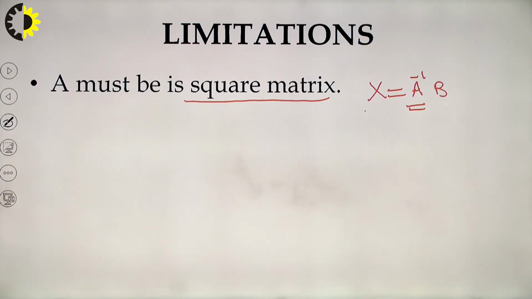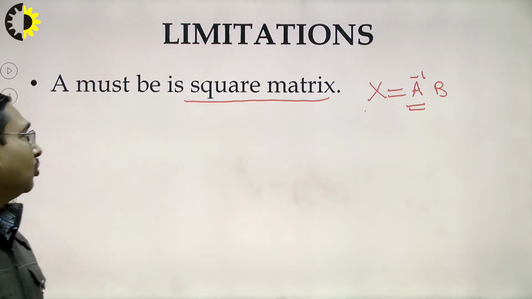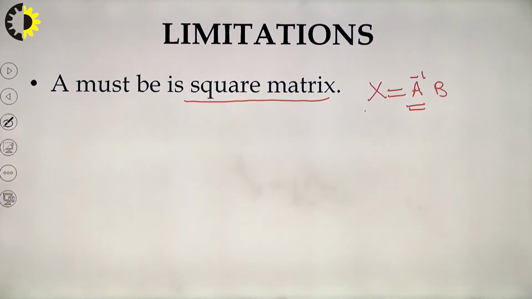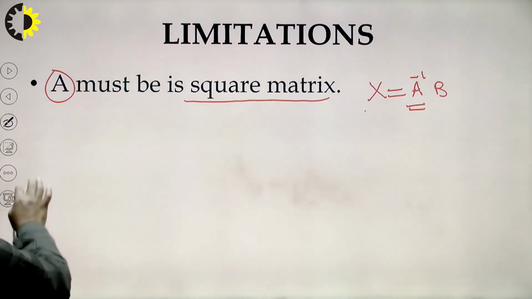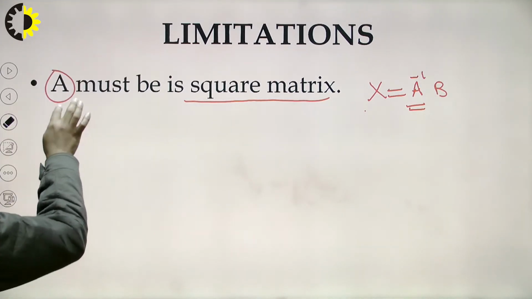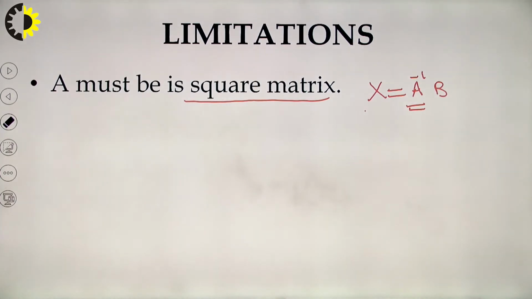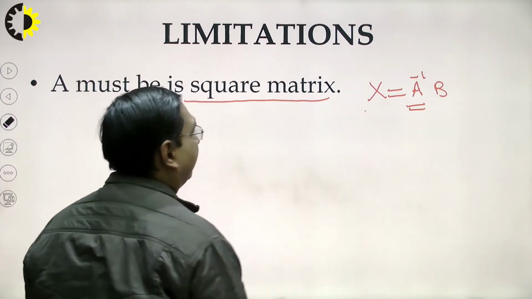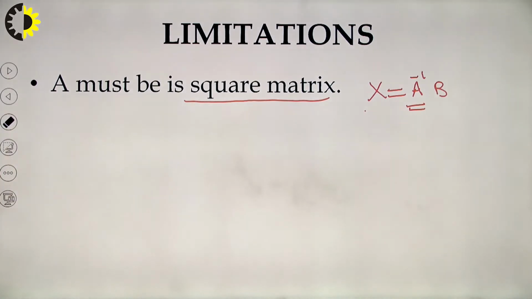It means this method will work only when the coefficient matrix A is square. Otherwise, it will not be possible for us to find the inverse of the matrix, and we will not be able to find the value of x using this method.